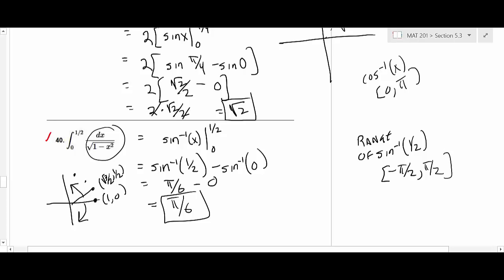Can you go over how you got that pi over 6? Yes. First of all, when you're doing an inverse sine, you're looking backwards on a unit circle. On a unit circle, if you look at your basic points, you have square root of 3 over 2, 1/2. The sine is the y value, right?